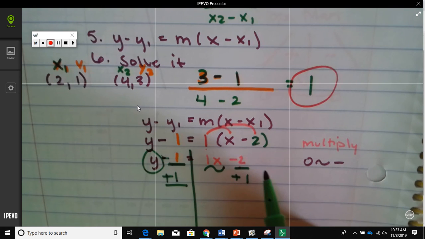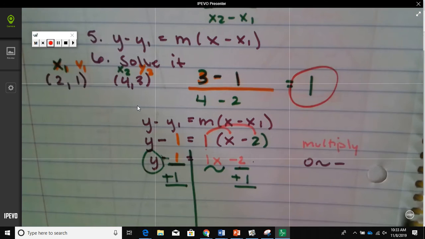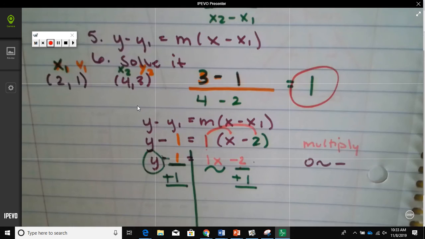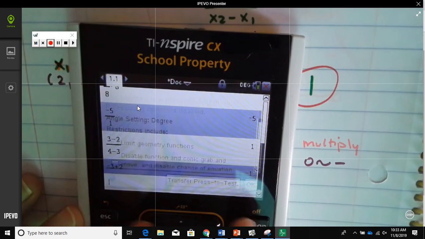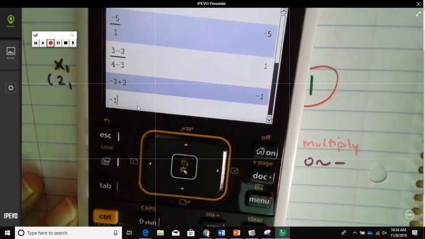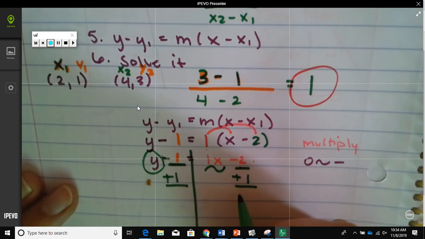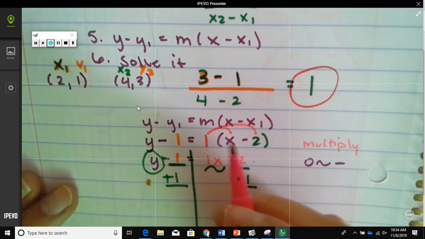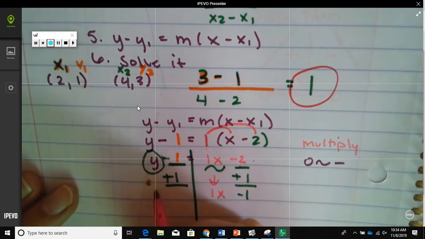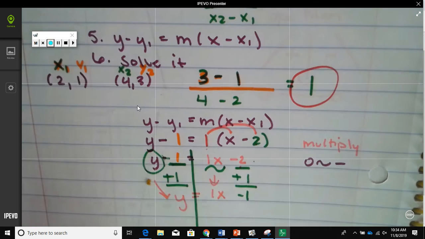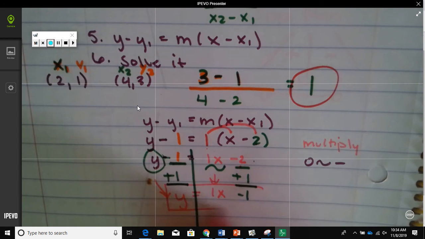So put in the calculator negative 2 plus 1. You can either do it in your head like he did it, or you can put in the calculator negative 2 plus 1. You're going to get negative 1. You could do that in your head also, but you could also do it in the calculator. Negative 1. Bring down the 1x. Bring down the y. So y equals 1x minus 1.